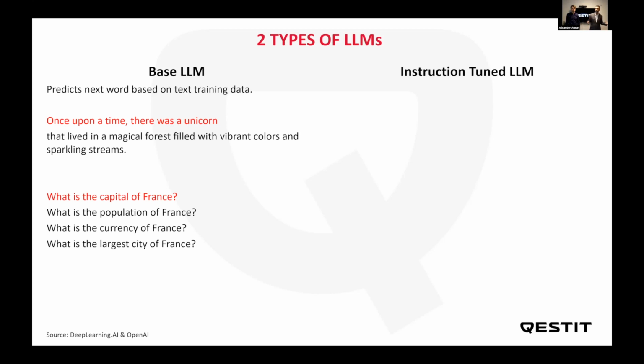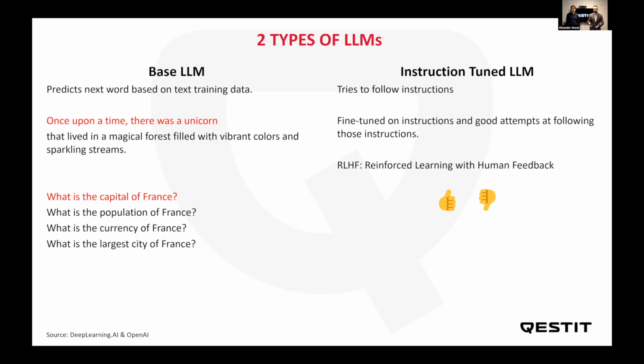So what they do instead is take this base LLM and teach it to reply with better answers by using upvoting or downvoting to teach it what is a better solution. So it tries to follow your instructions. This is a process called reinforcement learning from human feedback, or RLHF.